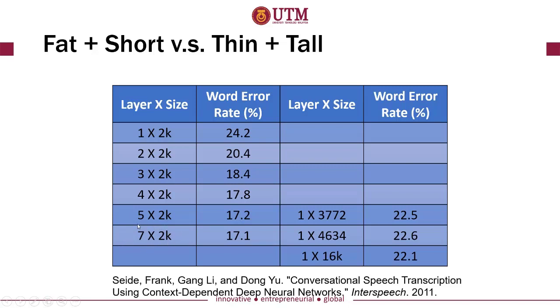If you set up a deep neural network, making more and more hidden layers and distributing those 14,000 neurons equally to each hidden layer, then you can get 17.1% error, and the total usage of neurons is only 14,000, which is less than this one. This one is 16,000, but you still get 22.1%.